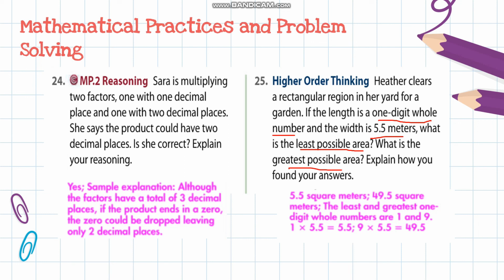So the answer is 5.5 square meters, which is the least possible, and 49.5 square meters, which is the greatest, because the least whole number is 1 and the highest whole number is 9. So we just simply multiply 1 multiplied by 5.5 is 5.5, and 9 multiplied by 5.5 is 49.5.